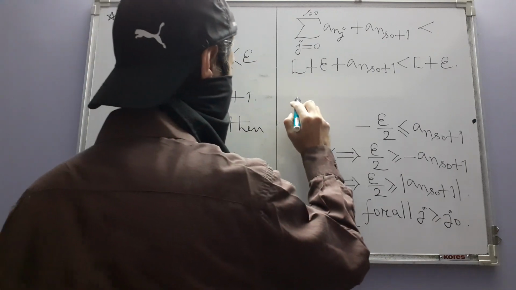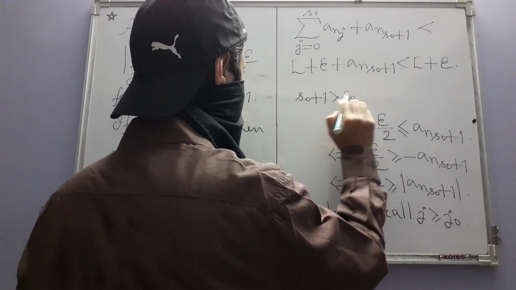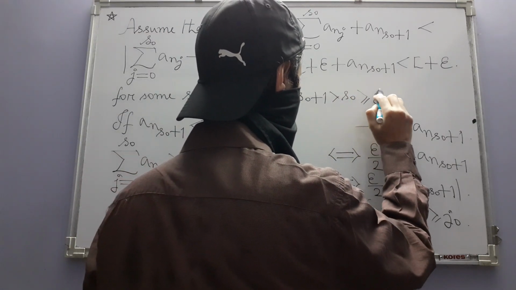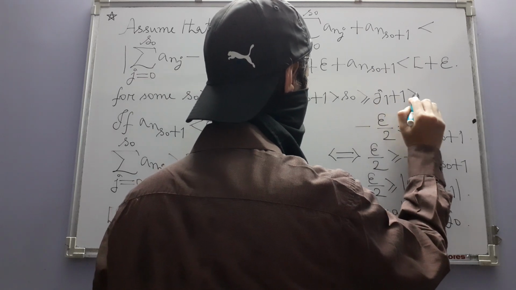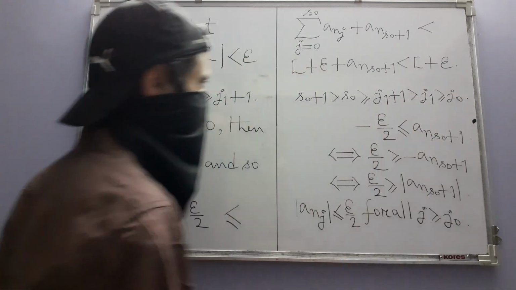Because you see, s naught plus 1 is greater than S naught, and S naught is greater than or equal to J1 plus 1, which is greater than J1, that is greater than or equal to J0.